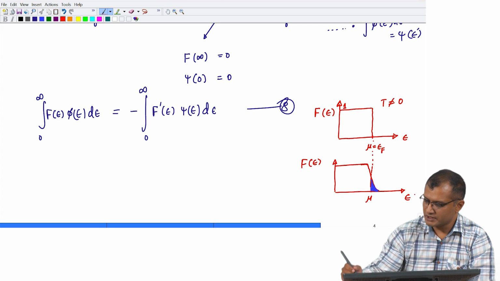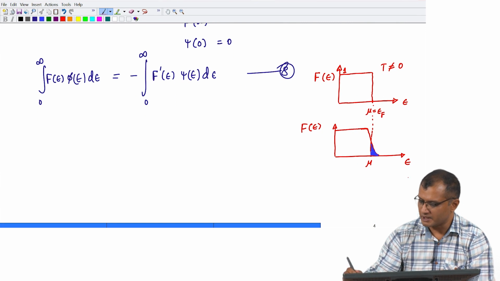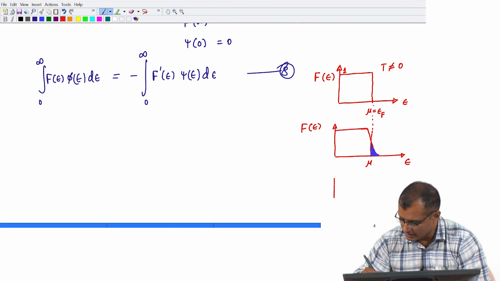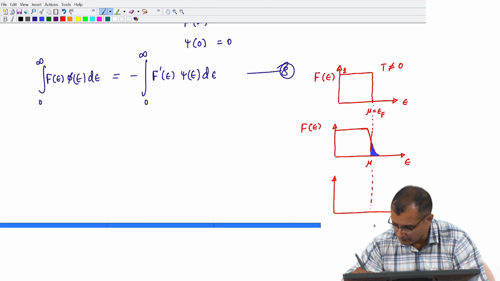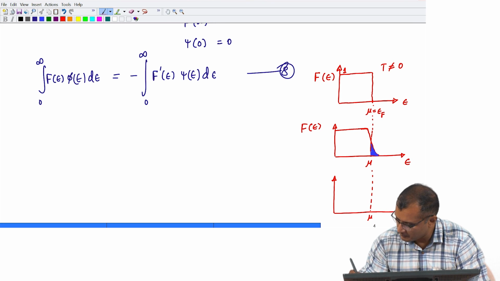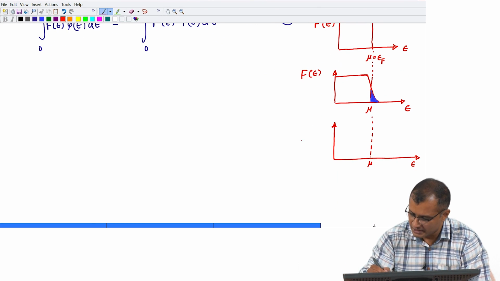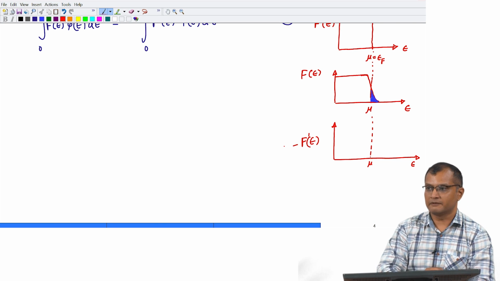So, I know for sure that if I take the derivative of the Fermi function, it will be very sharply peaked around this mu, and particularly I will take the negative derivative of the Fermi function.